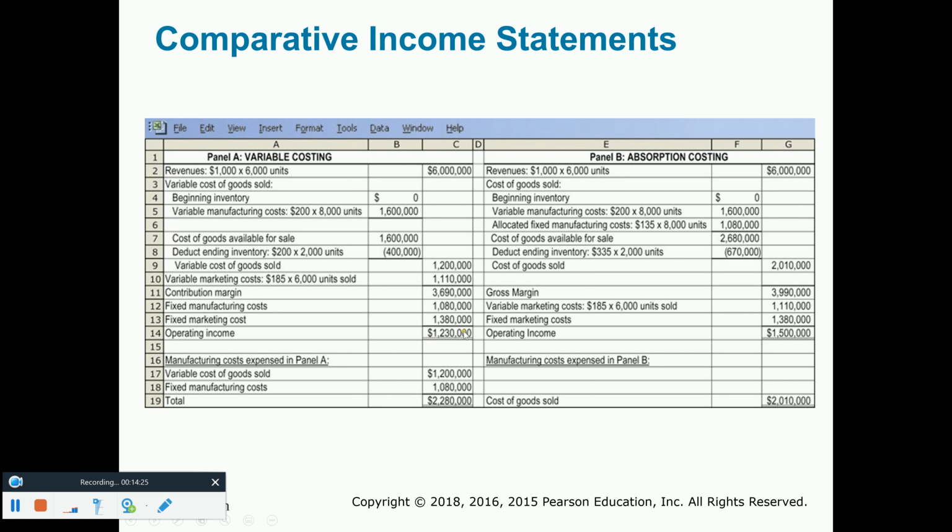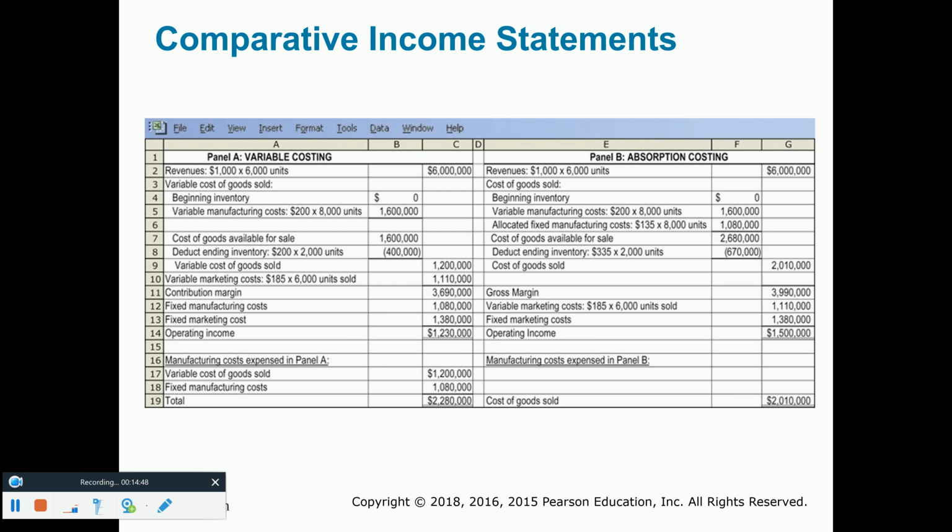But with variable costing, it's $1,230,000. How come the difference? The difference is because with absorption costing, some of the fixed manufacturing cost did not flow through as a cost.